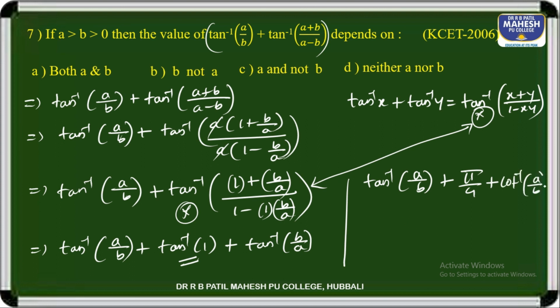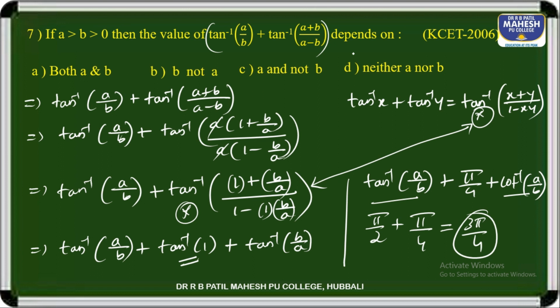The reason to write in terms of cot inverse is the tan inverse x plus cot inverse x property, that is pi by 2 plus pi by 4. So the answer is 90 degree plus 45, 135 degree, that is 3 pi by 4. Now the expression has the value 3 pi by 4.